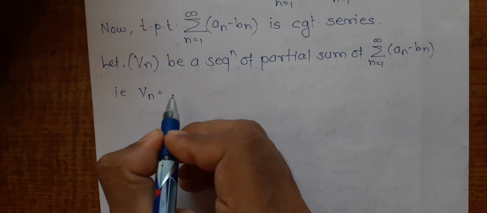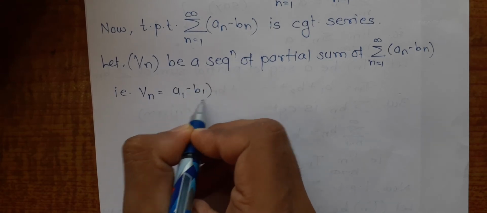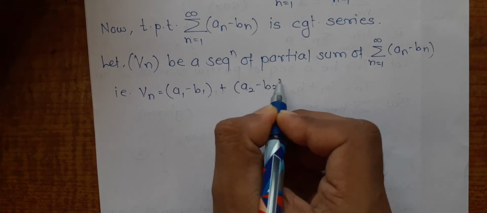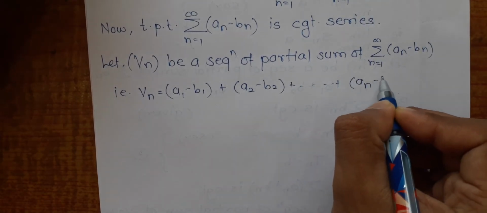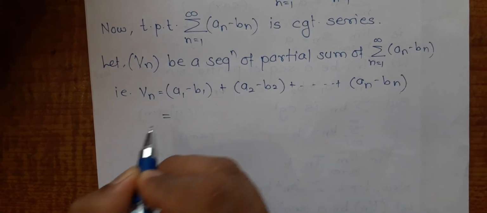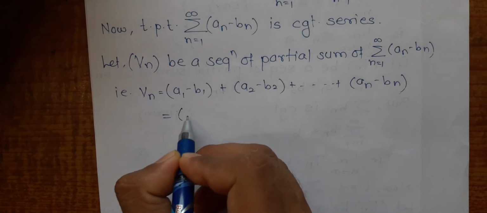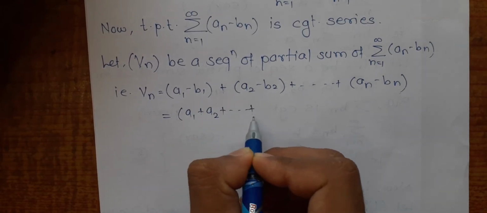So that means V_n is equal to the first term (a1 minus b1) plus the second term (a2 minus b2) plus, and so on, the nth term (a_n minus b_n). After that, guess what I shall do? I will take all the a_n first, that means a1 plus a2 plus and so on to a_n.